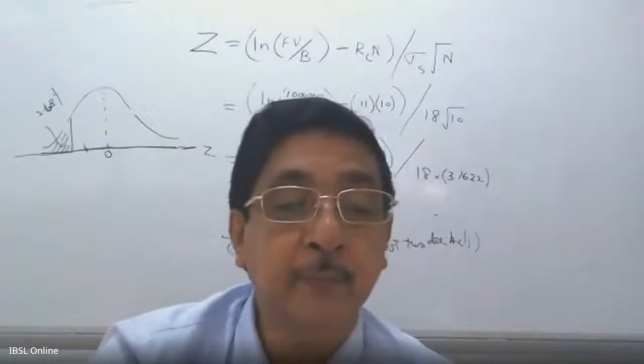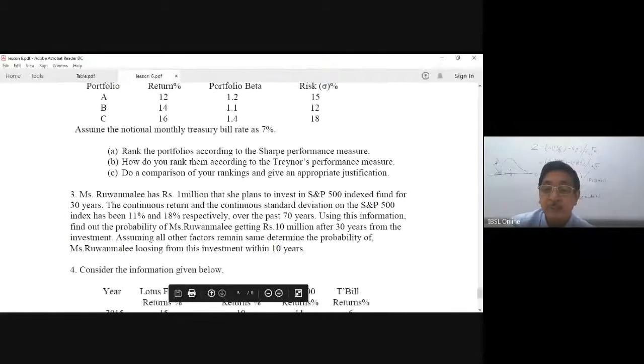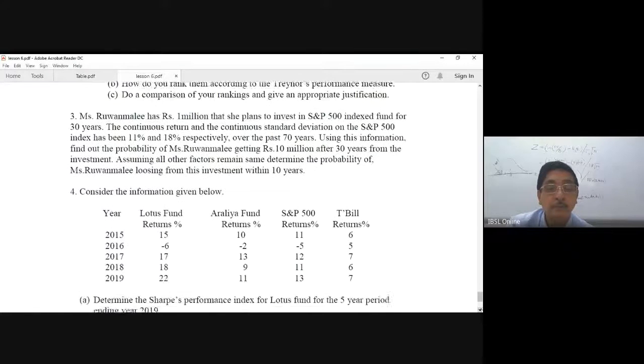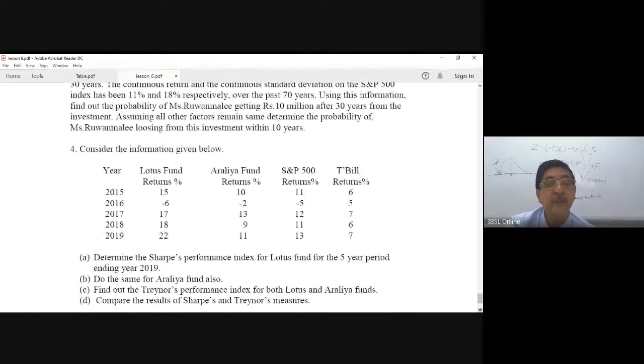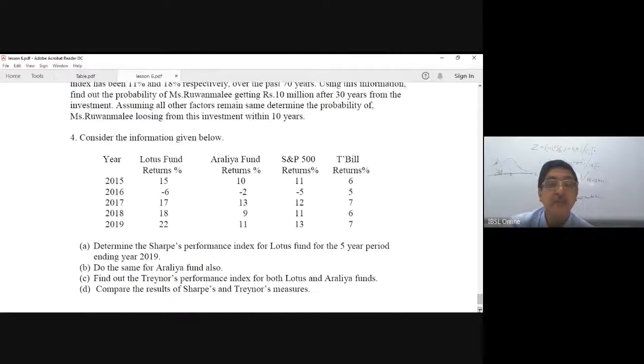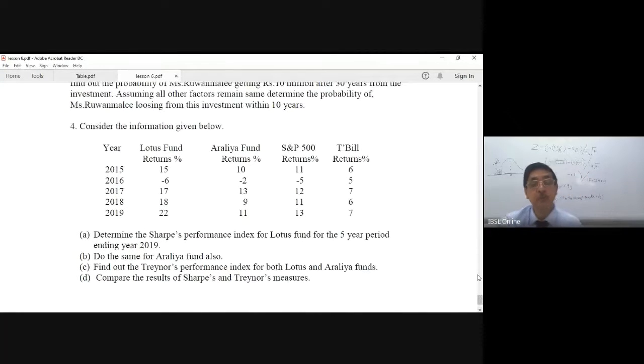Right. Now we will go to question number 4. Consider the information given below. Now just look at it. Though it is like the earlier one which we did, it has a little difference.